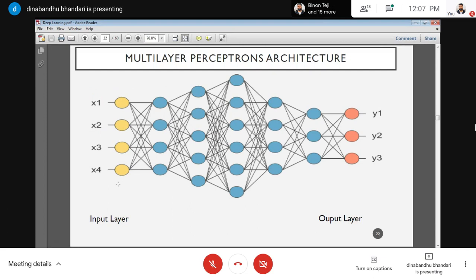Obviously we can always feed even an image to an MLP. Now if you have an image, say 1024 by 1024, you have to have 1024 into 1024, about 1 million nodes in the input layer itself. The connections will be huge, right? Maybe 1 trillion, not more than a billion, right?